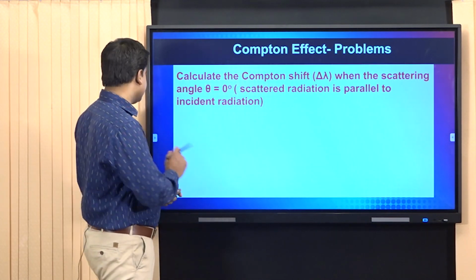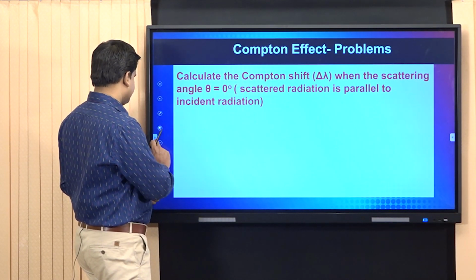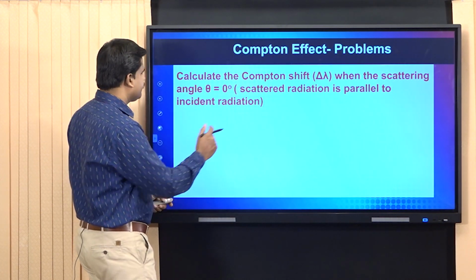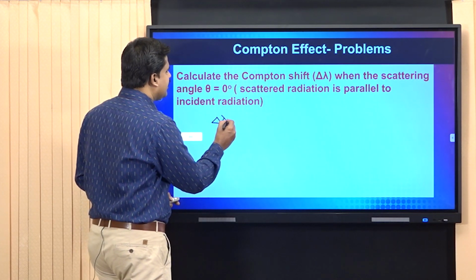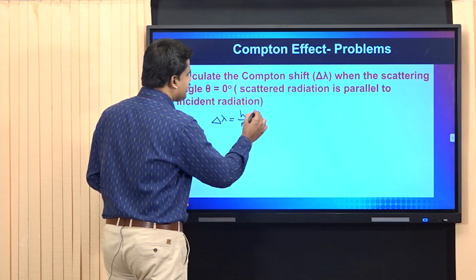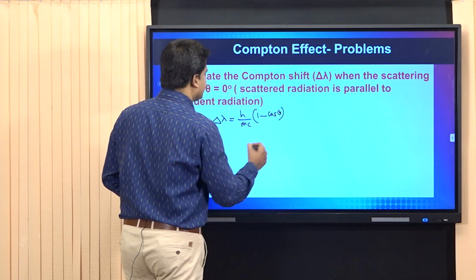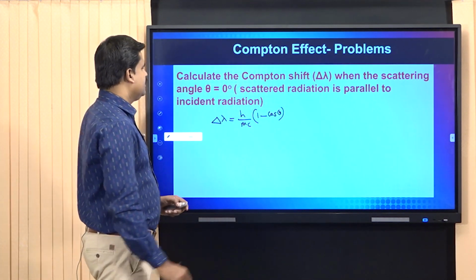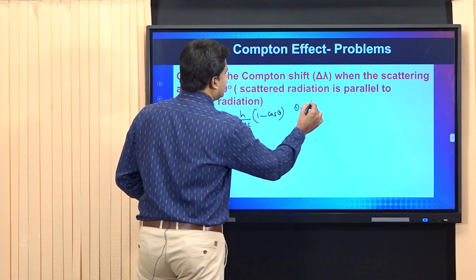We can use the relation delta lambda equal to h by mc into 1 minus cos theta to find the wavelength shift, and theta is equal to 0 degree.